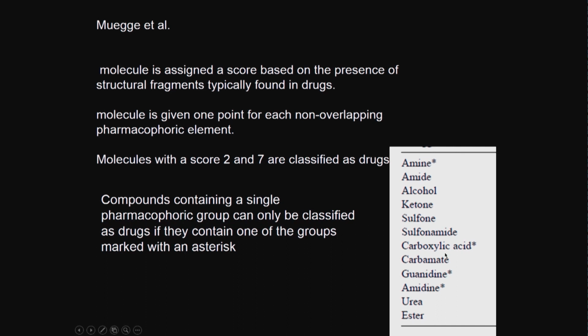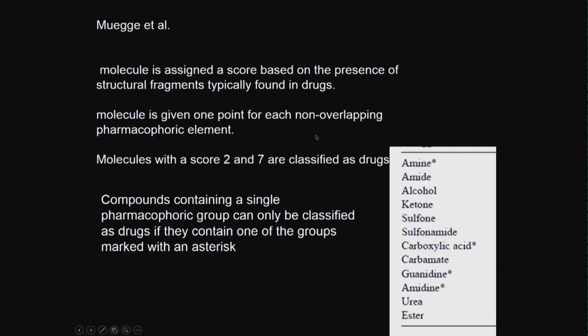So how did they do it? They looked at the various functional groups present in all the commercial drugs approved by FDA, oral drugs, and then they said we will give 1 point for presence of each of these non-overlapping groups, and if the score is between 2 to 7, you can classify it as a drug, and if the compound contains even a single feature, then we can also classify it as a drug. That is called Muegge rule.